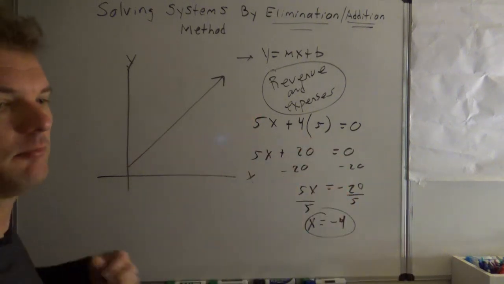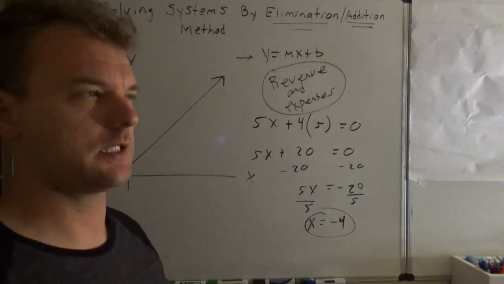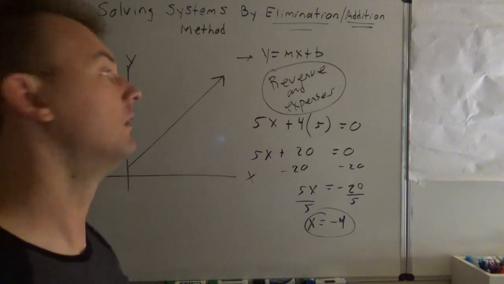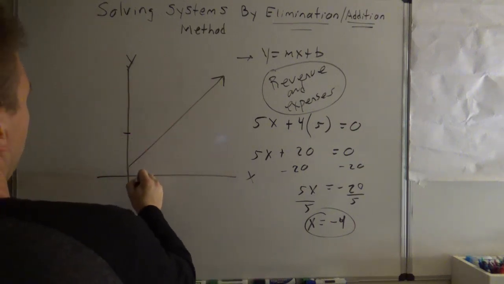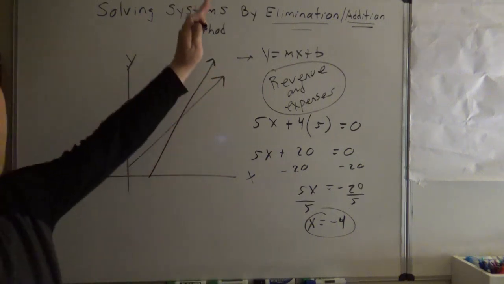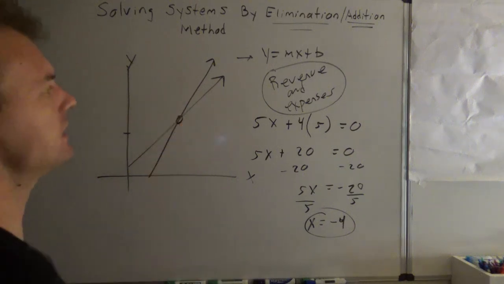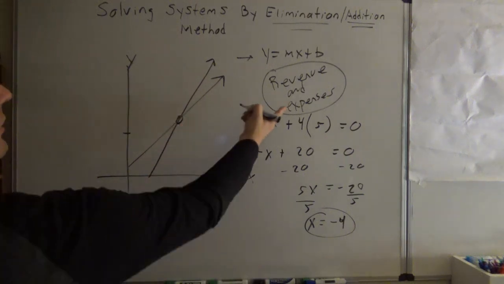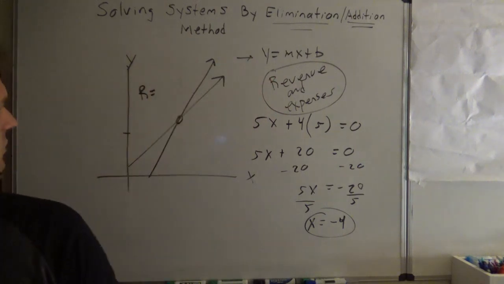So let's say I make computers, or I make a product that costs me $5 to make. Well, if it costs you $5 to make, that's your $5 line. And where they cross in your system, so let's say your revenue, which is your R, is an equation of some sort.